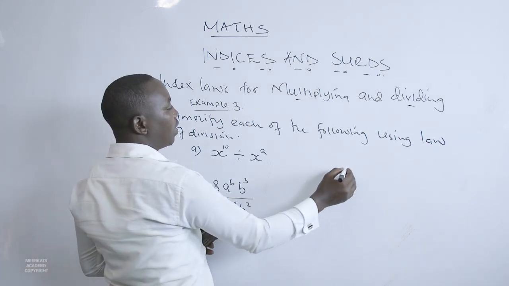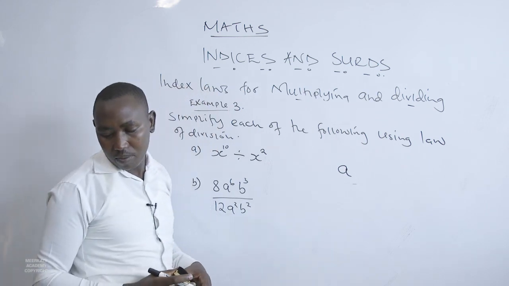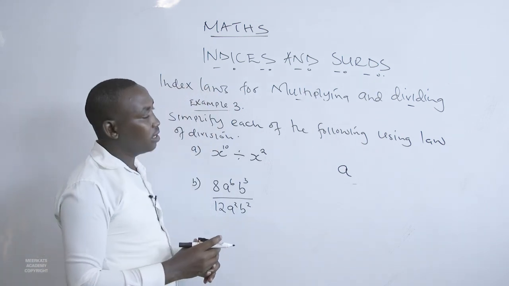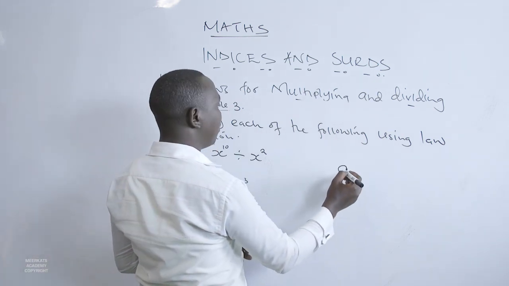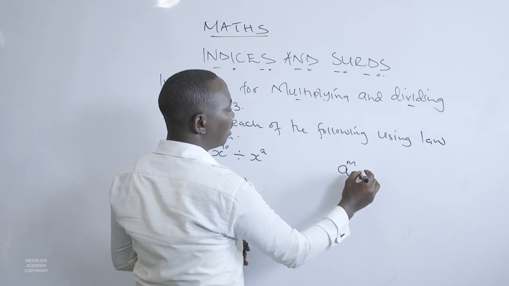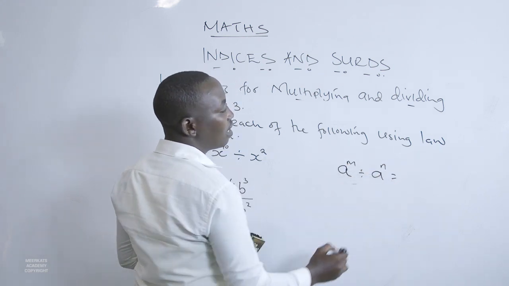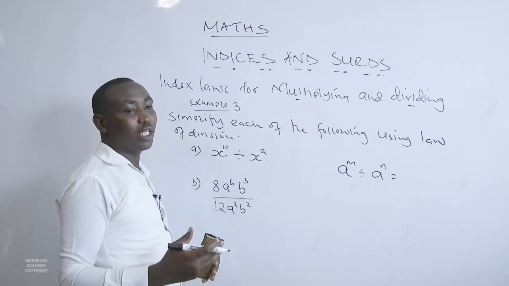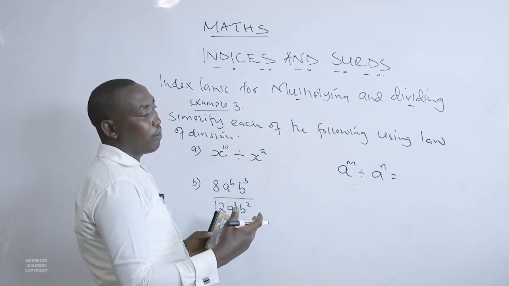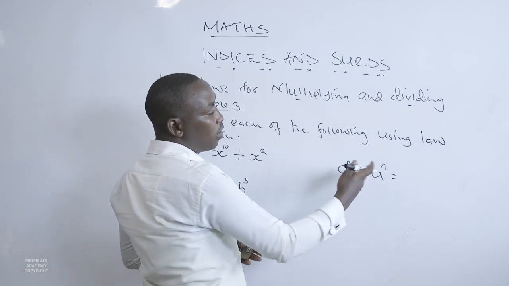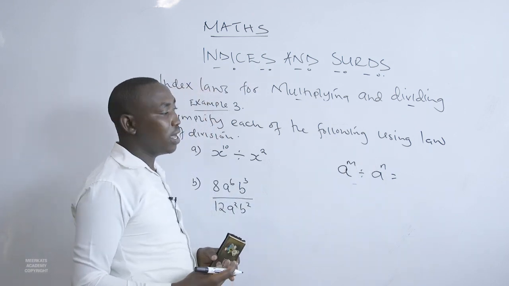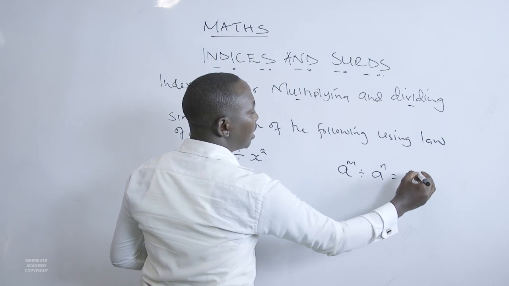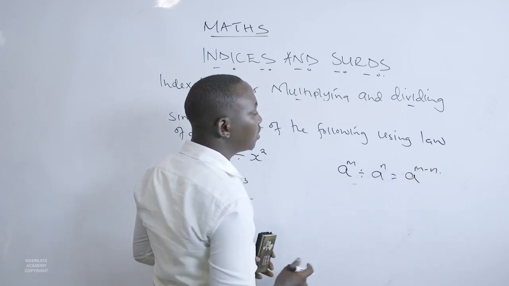We understand that whenever we have equal bases, then we're going to have a raised to m divided by a raised to n. Since the bases are the same, for us to find the correct response, we get the difference of the powers, which will give us a raised to m minus n.